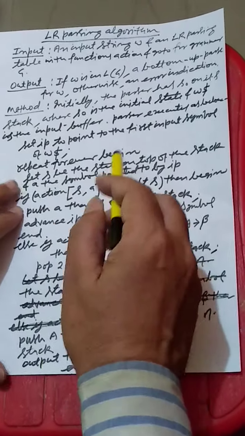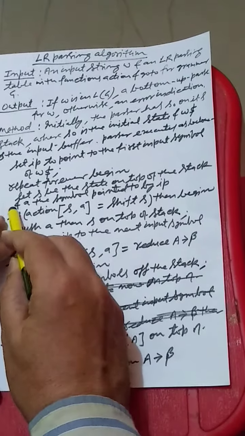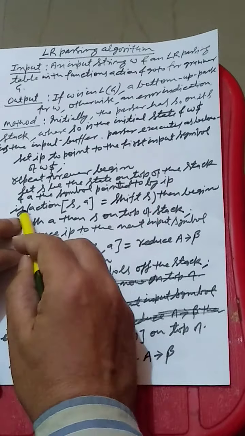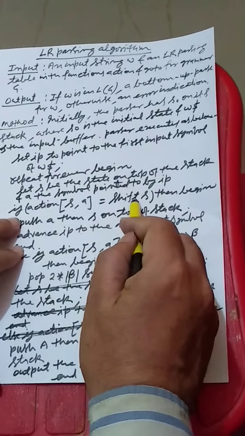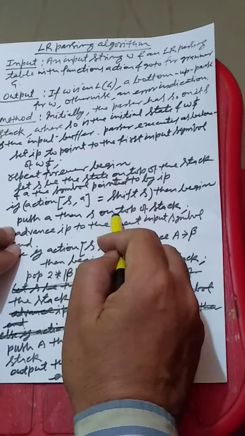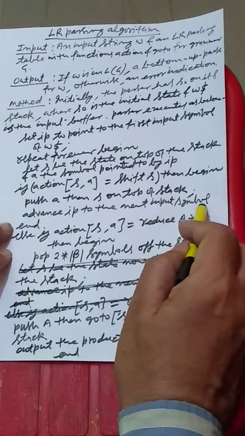Repeat forever: let S be the state on top of the stack and a the symbol pointed to by ip. If action[S, a] is equal to shift S', then begin push a, then S' on top of the stack. Advance ip to the next input symbol.